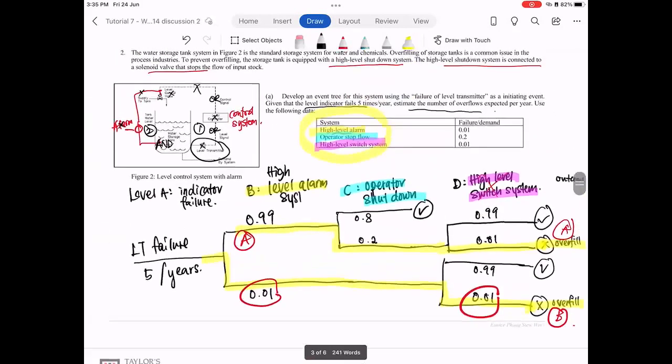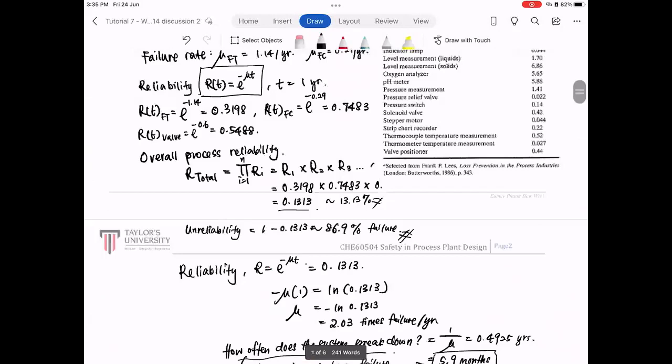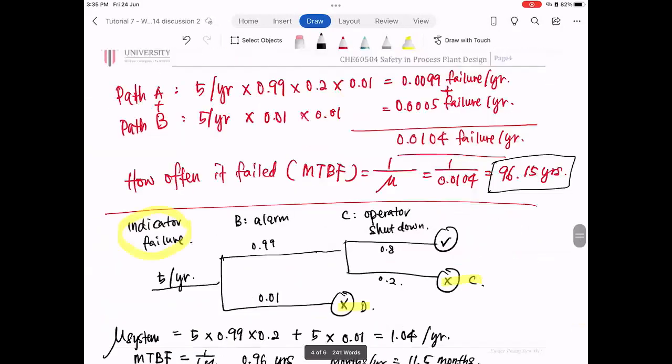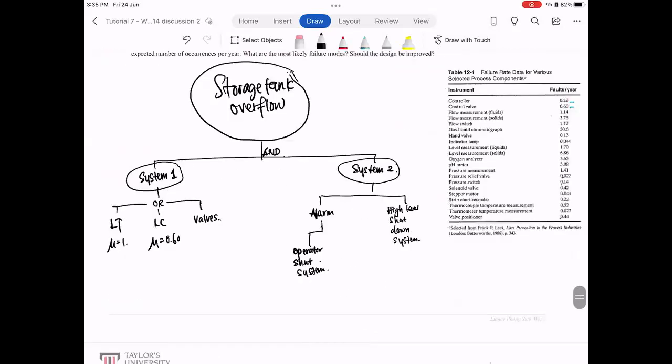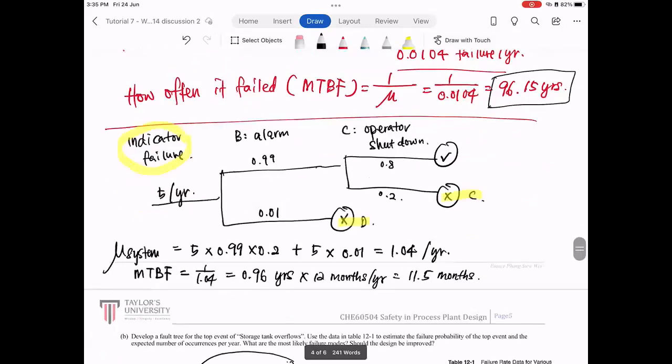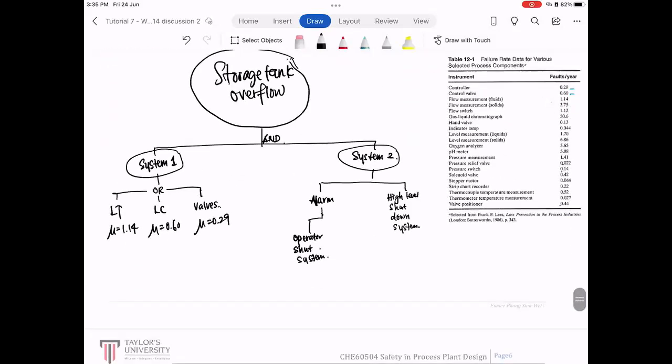Transmitter, which is the level measurement, is 1.14, and the other one is 0.29. And for the alarm, the failure rate is 0.01. The failure rate of our operator is 0.2, and this one is 0.01.